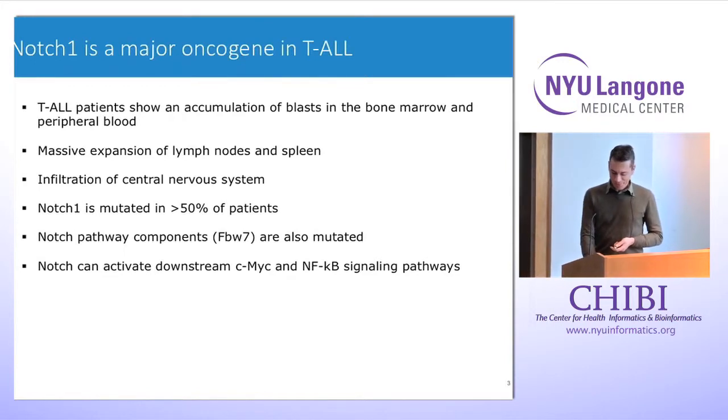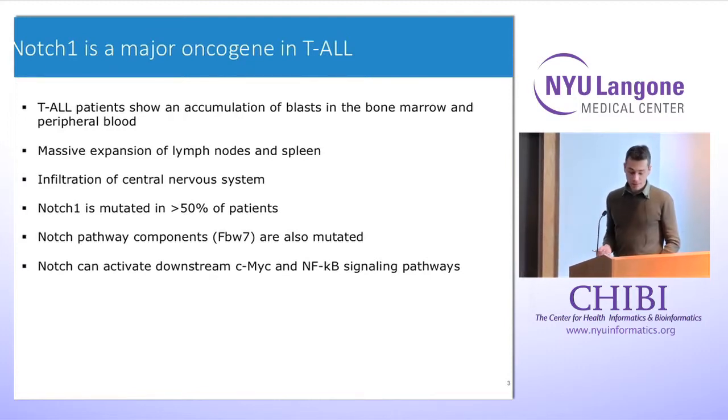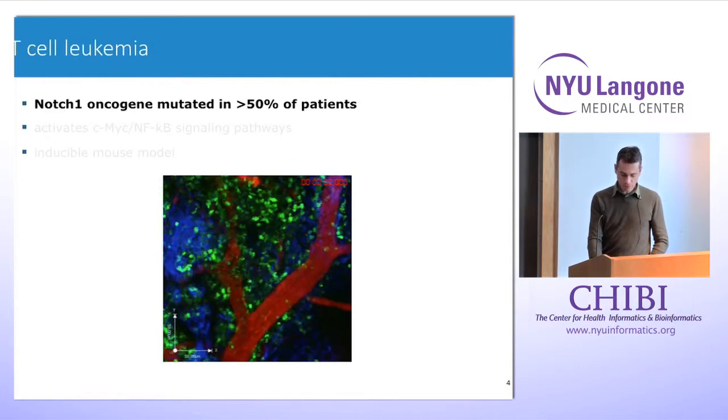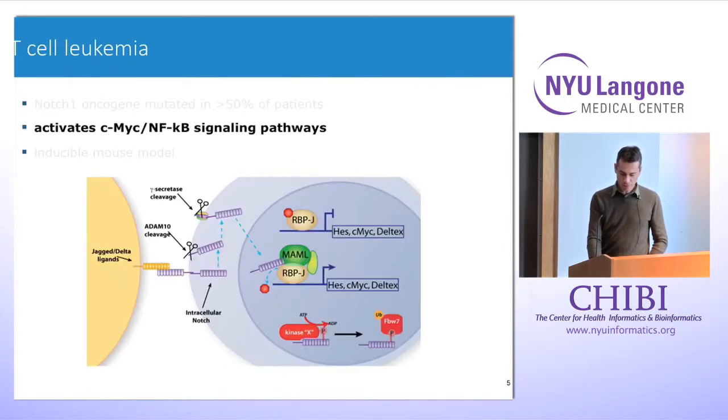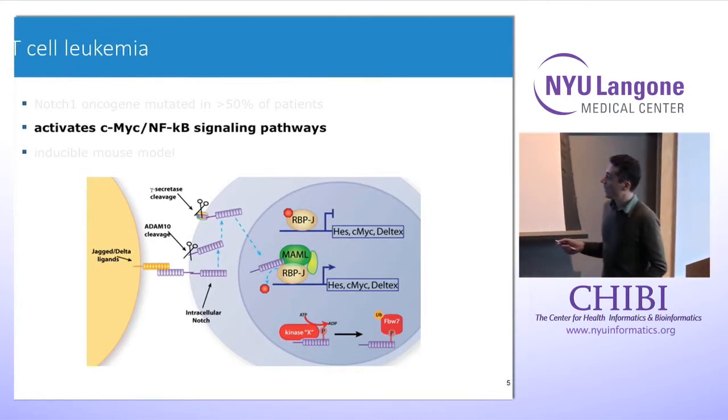So, okay, a few things about the disease itself. So Notch is a major oncogene in this disease. More than 50% of the patients have a mutation in this oncogene. And I'm going to show something about the Notch pathway. So Notch has an extracellular domain right here, gets activated.